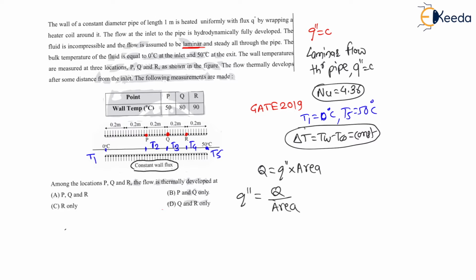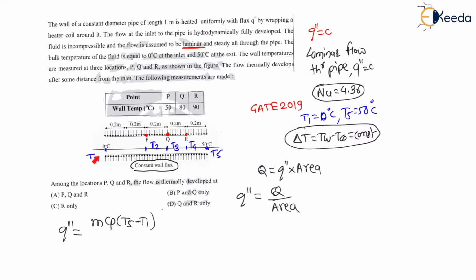Now my dear students, this q double dot is equal to, if I consider this heat transfer between T1 and T5. As per thermodynamics, for this fluid, what is the heat transfer? It is mCp dT. Therefore this q from T1 to T5 is mCp (T5 minus T1), right?